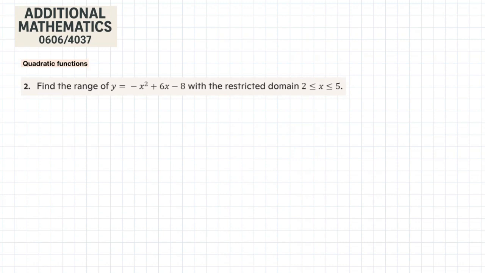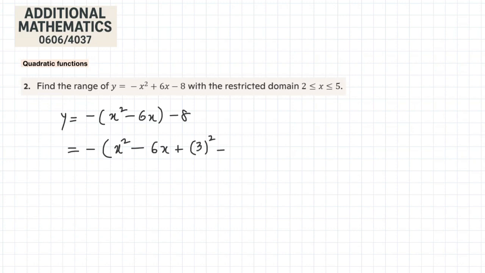Okay, so factorize, take out the negative, and this is how you can write it. Now this is going to be minus, do the same thing that we've learned, 6x, half the 6, that's 3, add and subtract its square, minus 8. This is going to be x minus 3 whole squared, minus 9, and minus 8.